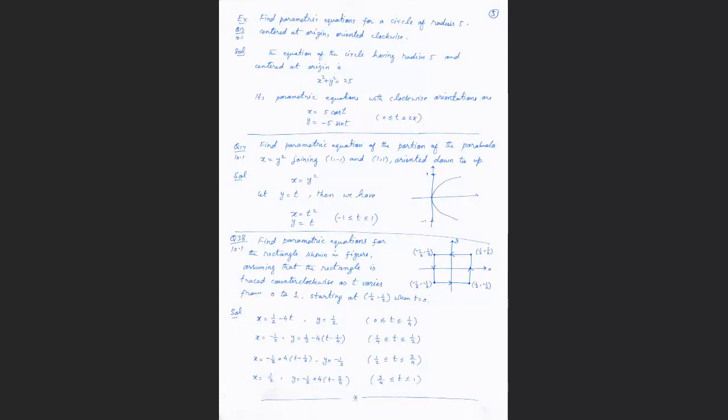Now these are the points. 1 by 4 means 0.25, so you can write in fraction. 1 by 2 is 0.5, 3 by 4 is 0.75, and this is 1. These are the four parts.